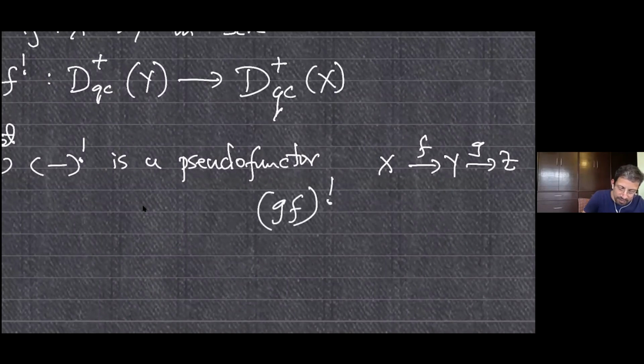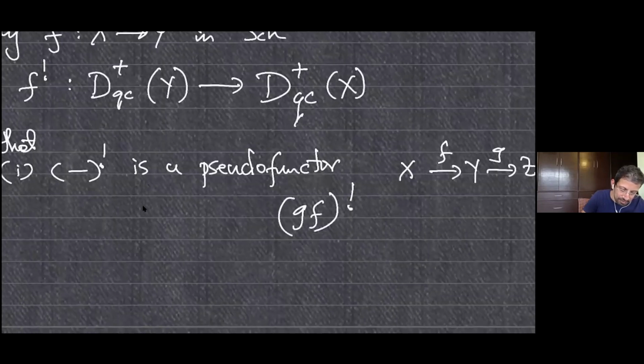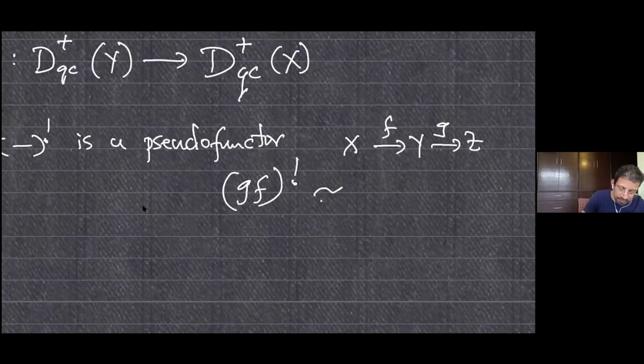First of all, I've changed the symbol a little bit, from cross to shriek, and I'll explain shortly why. You'll see in the next remark. So whatever this functor is, (gf) shriek should be isomorphic to f shriek g shriek. In other words, if I know it for these individual maps, then I should be able to cook it up for the composite map, I mean, I should be able to compare them.